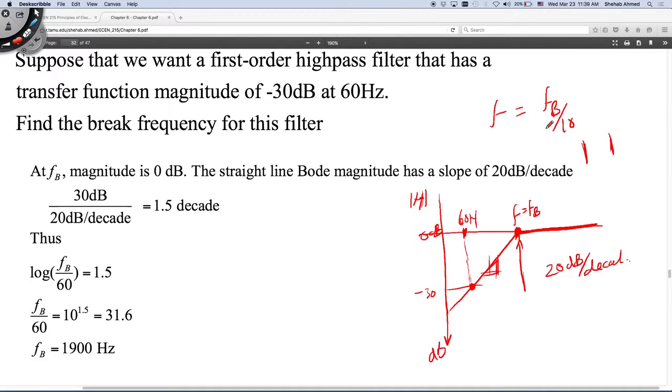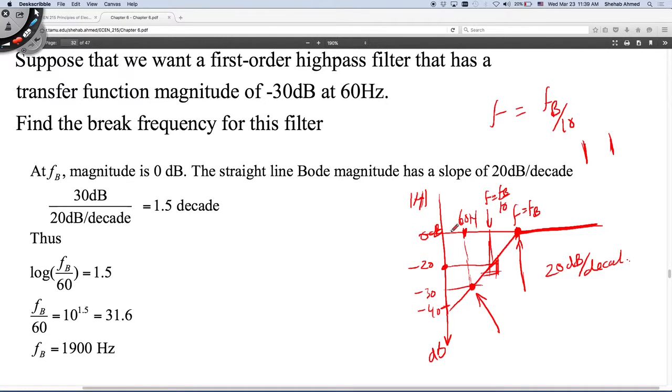So 1 decade less, what do I expect the magnitude to be? Minus 20 dB. This is minus 20, at f equals fb over 10. So my point of interest is definitely more than 1 decade away. How about 1 decade more? It will be minus 40, right?